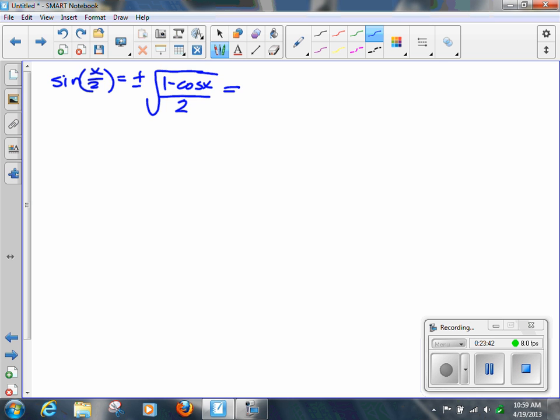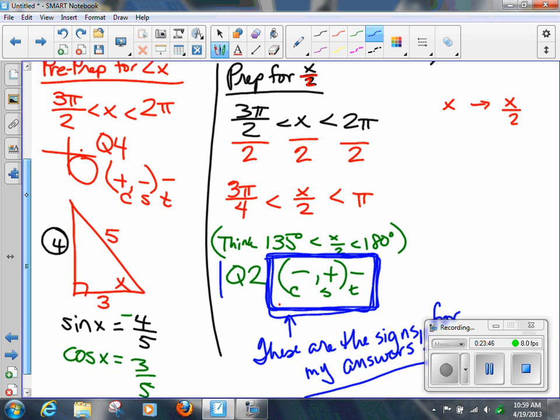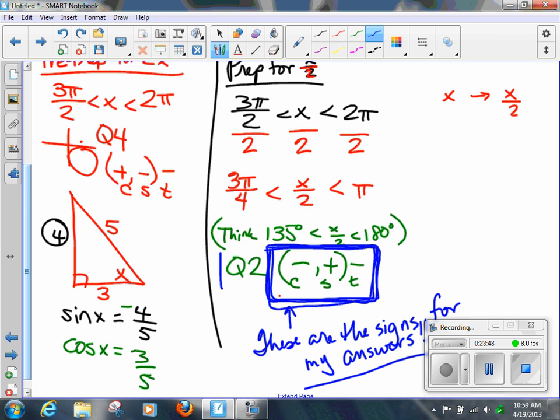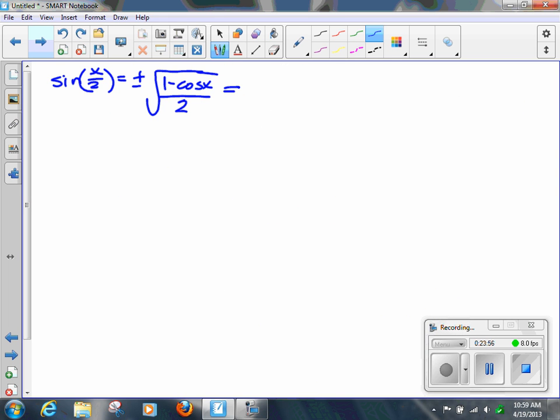No, we determined that if we already know that my answer sign is going to be positive, I don't have to put the plus minus in the front. So let's take care of that right off the bat. We know it's going to be positive.